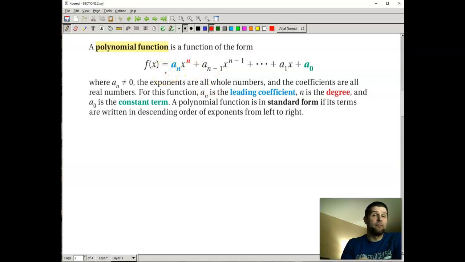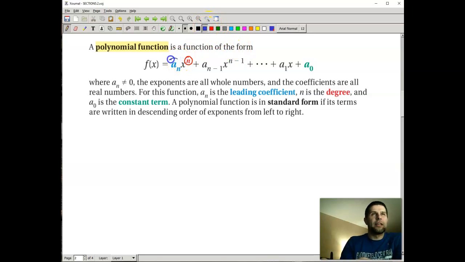Basically, it's a sum of different terms. It's a sum of monomials. And the exponents of those terms have to be whole numbers. They have to be positive. It could be 0, but it has to be positive numbers there. Otherwise, it's not a polynomial function.